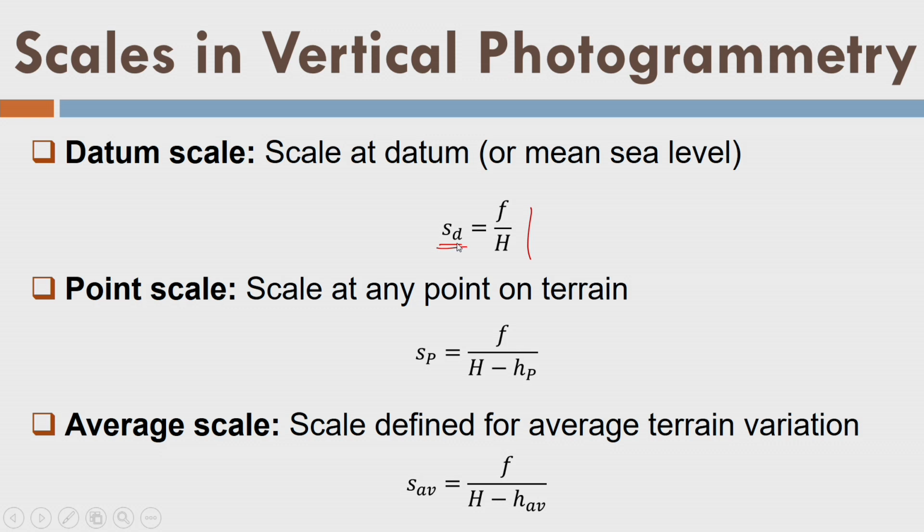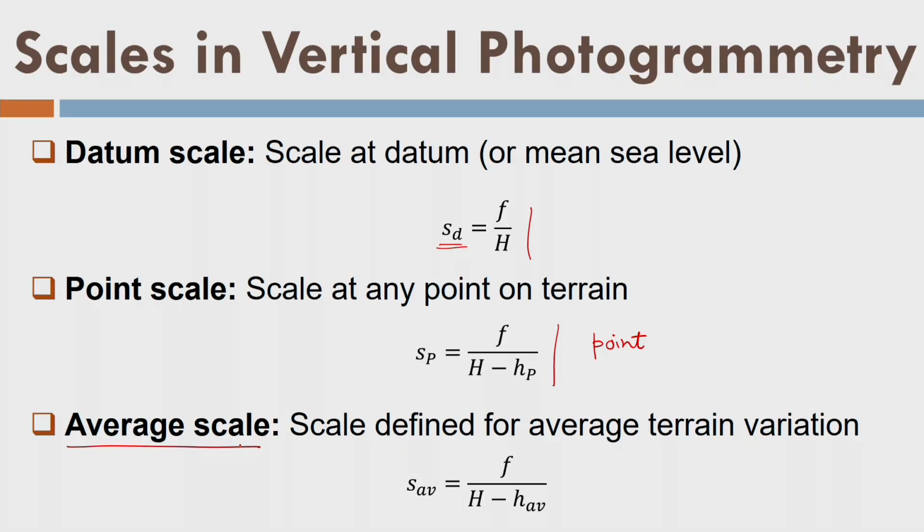Okay, what if the point lies above the datum? As we know, this is going to be the scale, and that is called the point scale, because this varies from point to point. Now, as we know that terrain is always varying like this, or maybe some other variation is there in the terrain. Because of that, we will have a different elevation at each point.